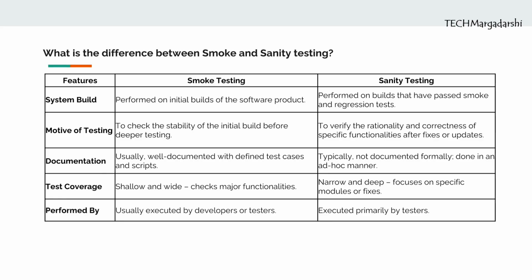It focuses on verifying specific functionalities or bug fixes to ensure everything works as expected. It follows a narrow and deep approach, concentrating on particular areas of change. Sanity tests are usually not documented and are performed mainly by testers. In short, smoke testing checks build stability. Sanity testing checks logical correctness after fixes. Both are quick checks, but they serve different purposes in the testing cycle.